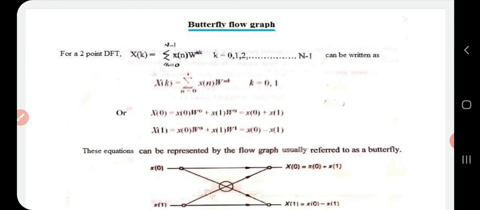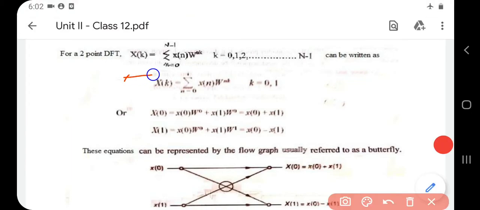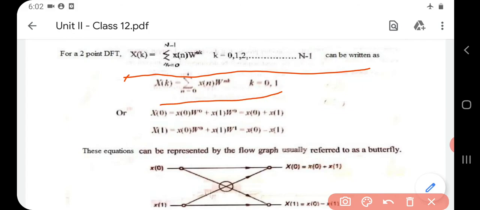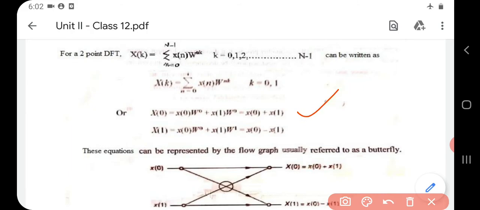See here, you have studied this equation for a 2-point DFT in the earlier class, and this can be written again like this. So you will get two equations like this. How will you get them? You have to substitute k equal to 0 first, so the DFT will become X of 0, then in place of n you substitute 0, and W to the power nk will be W0.